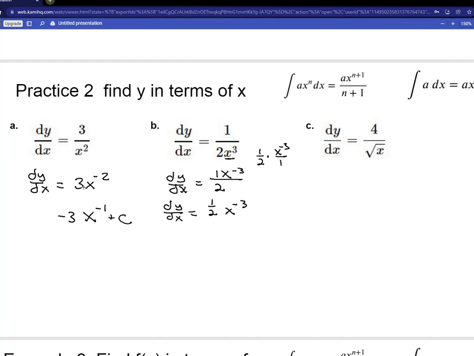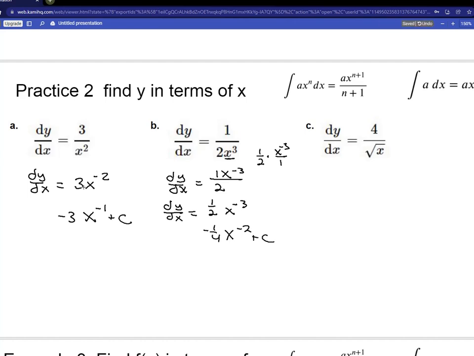So now if I'm going to integrate this, what am I going to do? You add 1 to the power and then you divide it, or in this case, multiply the reciprocal to make it easier. So what am I going to end up with? -1/4, and then plus c, right?